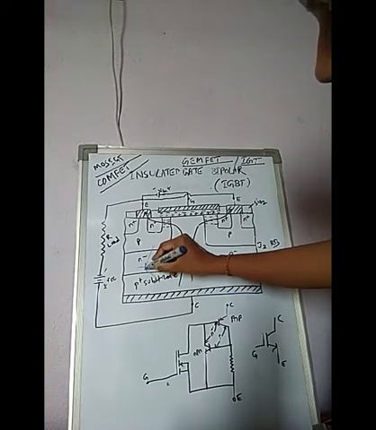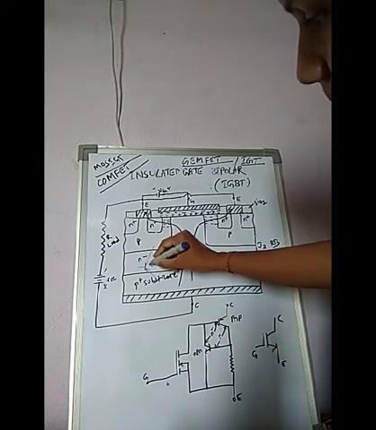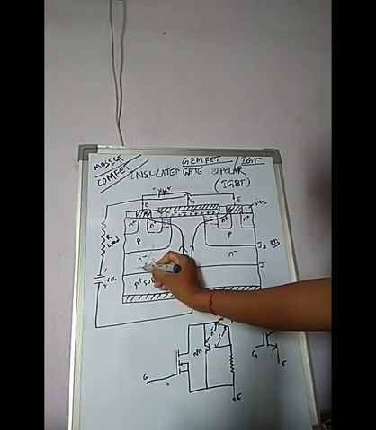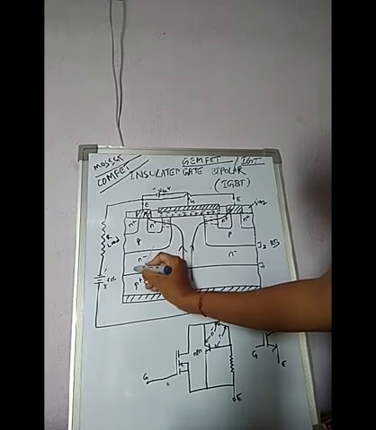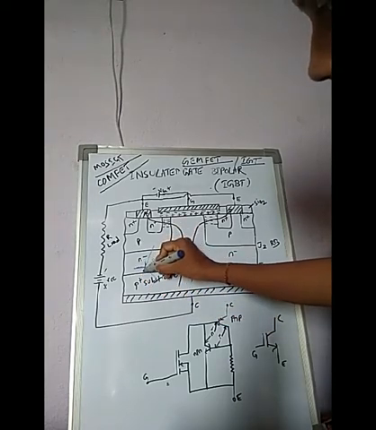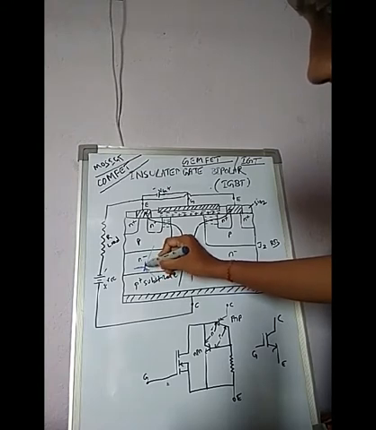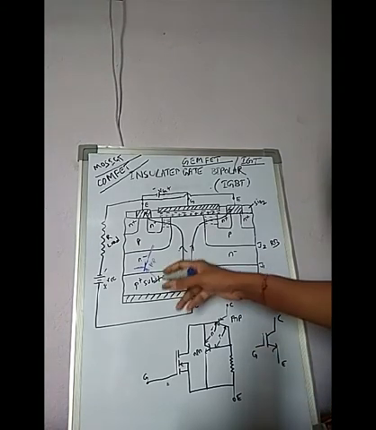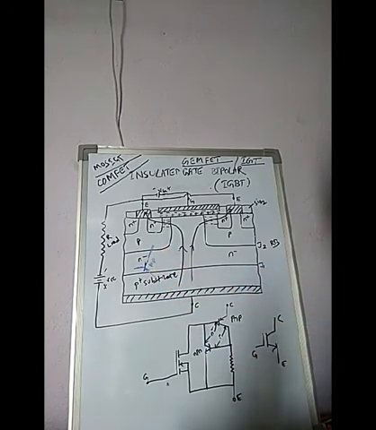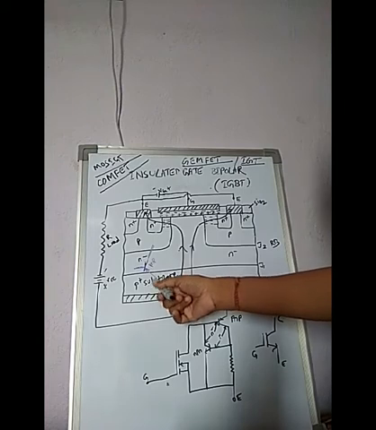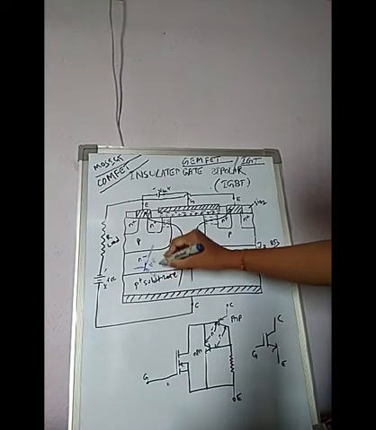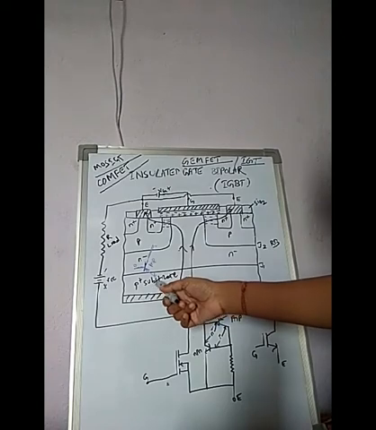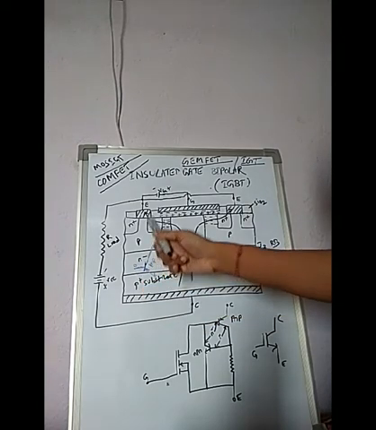Here the P plus acts as emitter, N minus acts as base, and P acts as collector.